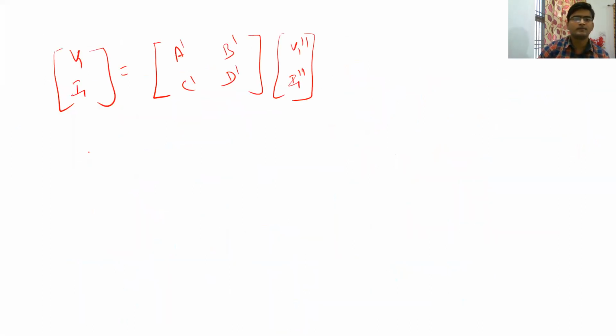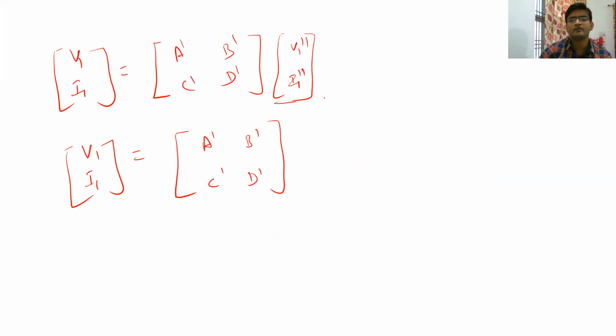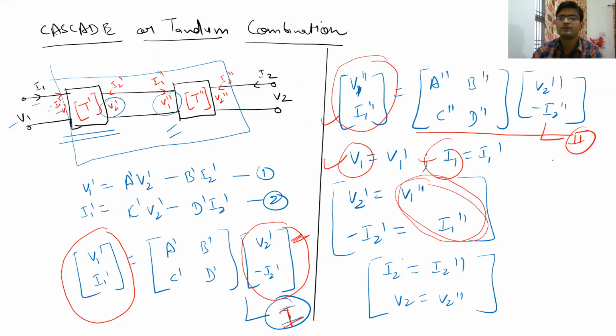So V1, I1 is equal to A', B', C', D', and in place of this, I am going to replace the whole expression from equation 2.